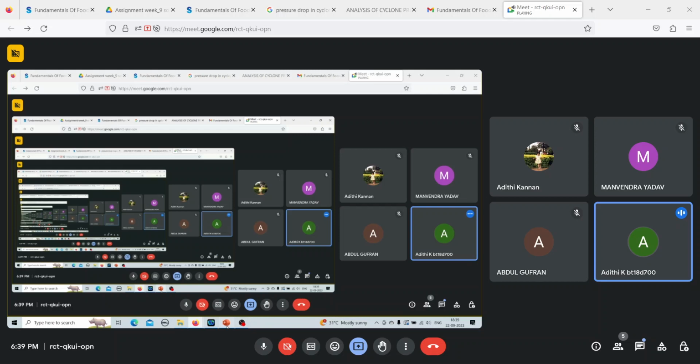So a de-stoner will basically remove stones from rice or other products. This is how it looks. You have your feed containing these mixtures passed from the top, which will now enter a belt-like region where air is also being passed.